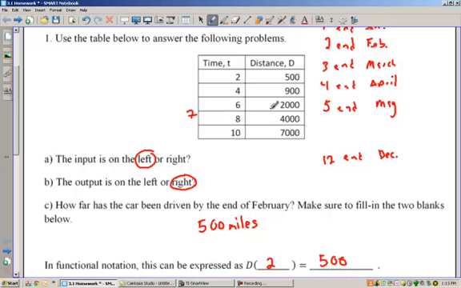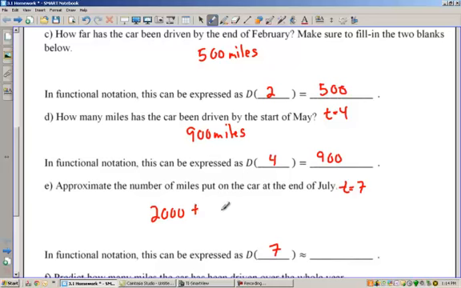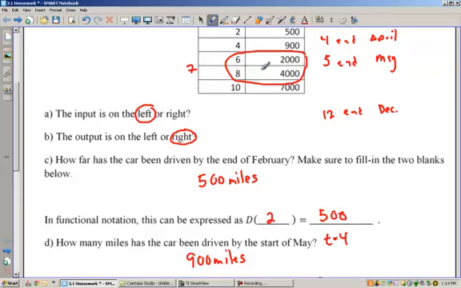One way to figure this out is to use these 2 points and this idea of average rate of change. After 6 months, we start at 2,000 miles on our car. Then I'm going to add the average rate of change, which I find by taking the change in the output divided by the change in the input.